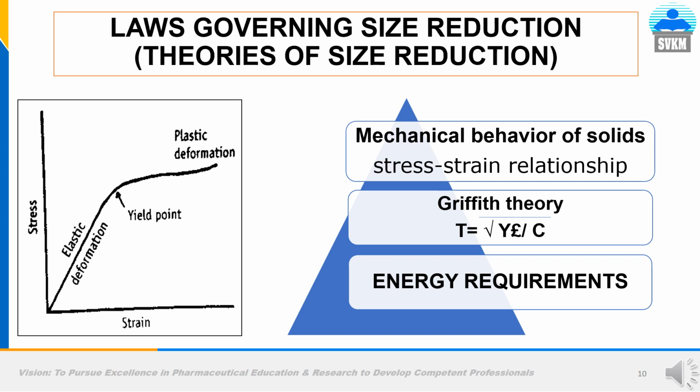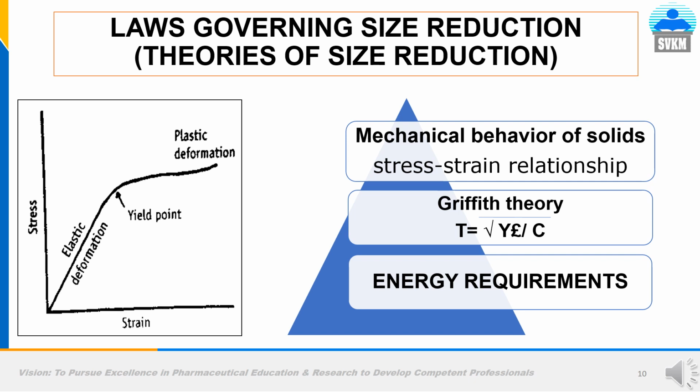When we apply the force, size reduction takes place, and that's why the surface area increases. So energy is required to increase the new surface area. And second, to initiate the flaws or cracks in the particles. This phenomenon is observed generally in fine particles.